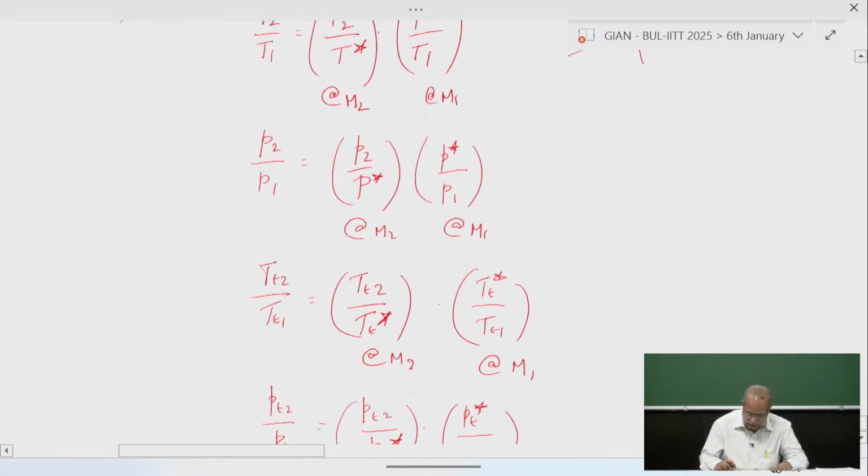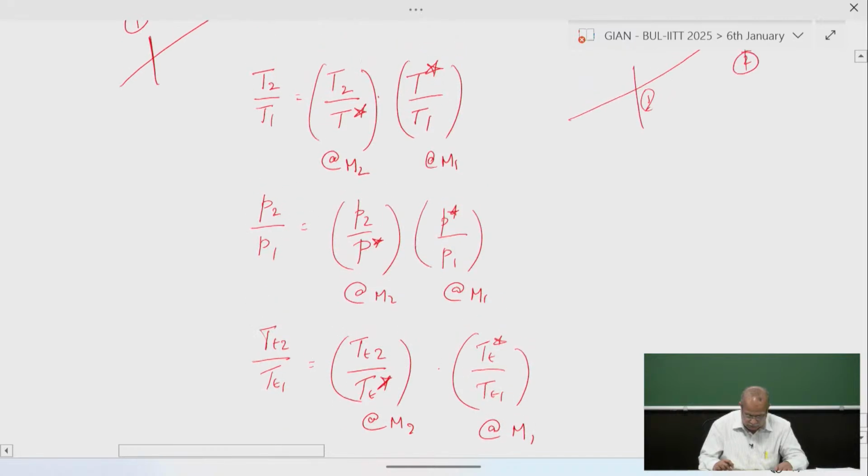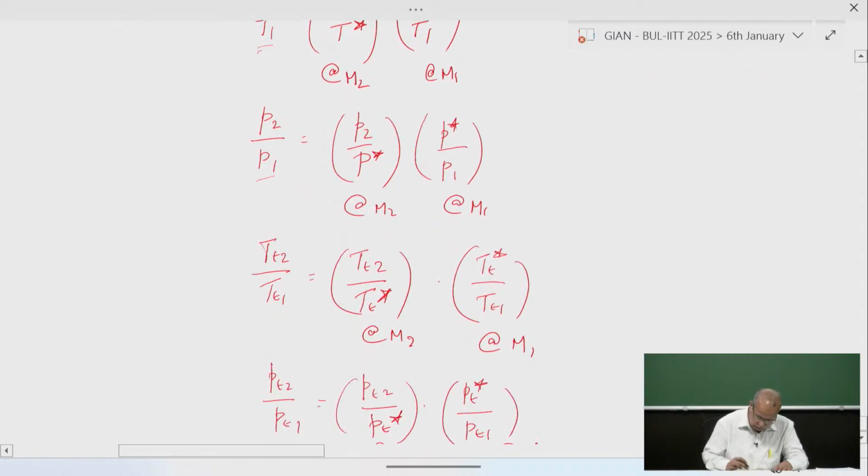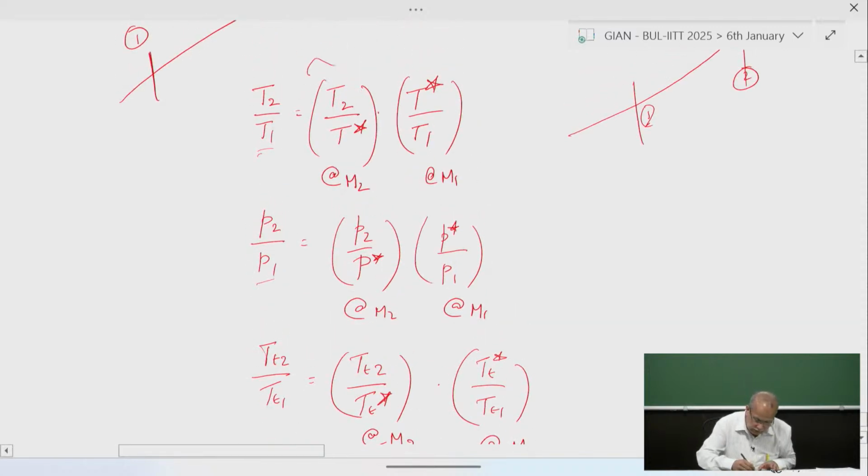So in a similar way we can find what is T2 if T1 is known, what is P2 if P1 is known, and what is TT2 and what is PT2 if the initial properties entering the combustor are known. And that is calculated from the Rayleigh theory. All these things, what you see here, these are all Rayleigh theory.